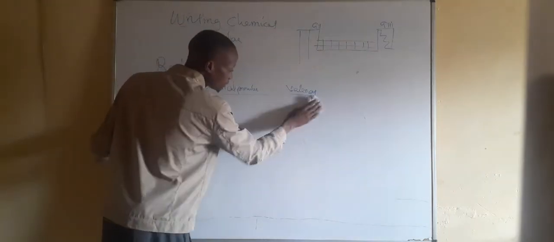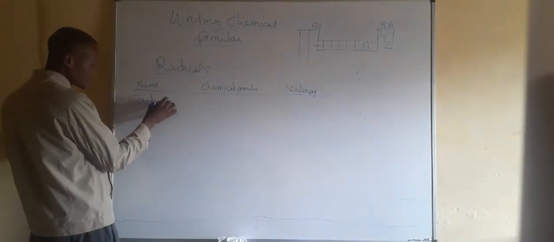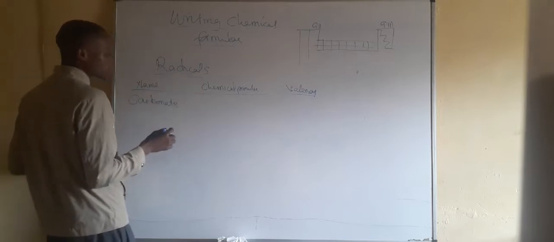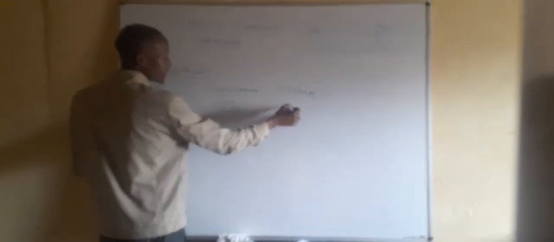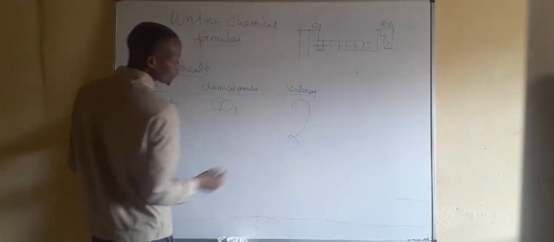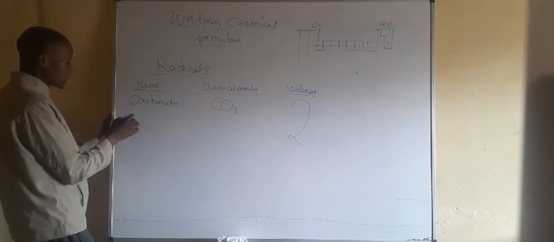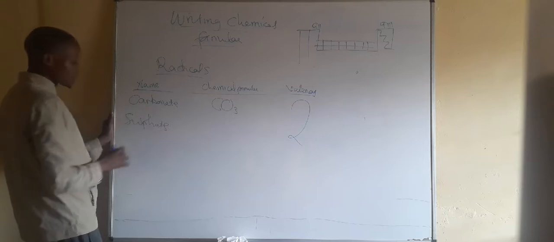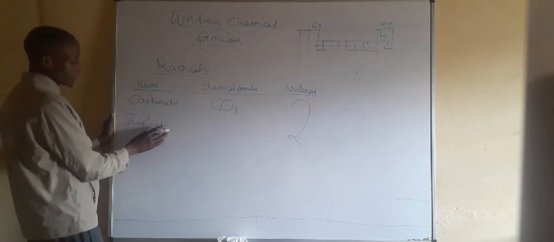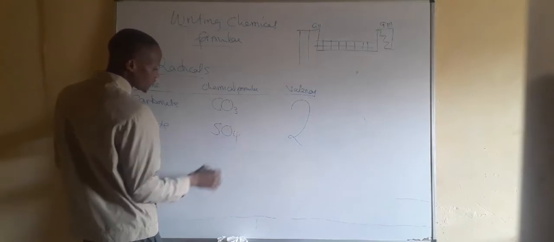The first one, we have what is called the carbonate. Carbonate has the chemical symbol CO3. It has a valence number of 2. Apart from the carbonate, we also have a sulfate. A sulfate has the chemical symbol SO4.